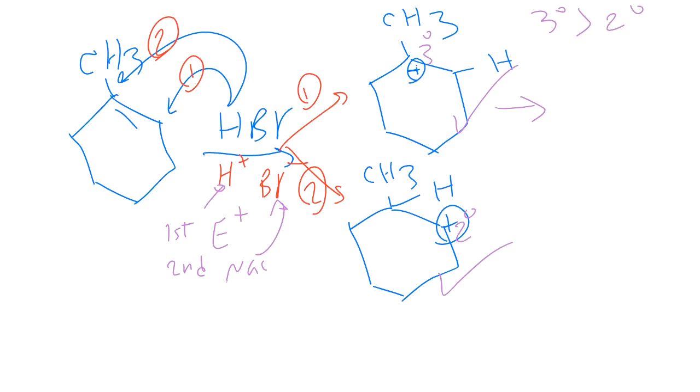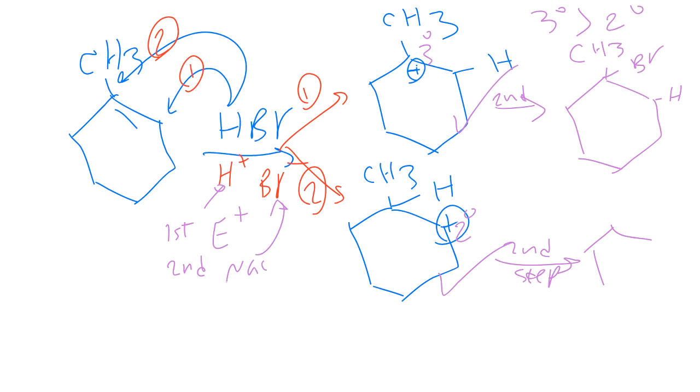Now, on the next step, your nucleophile comes in. So this is the second step. In the second step, when the nucleophile comes in, your product is going to be CH3, Br, and H is added here. You don't have to write the H. For this minor product, for the second step, the nucleophile would attach to the carbon with the plus charge, and the hydrogen stays on the other carbon.